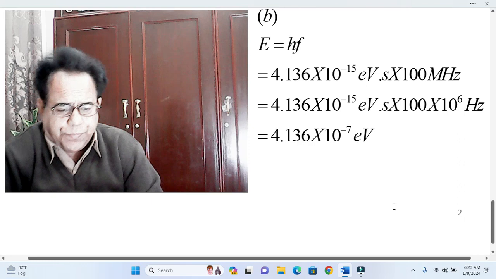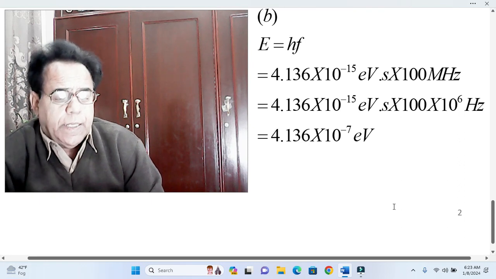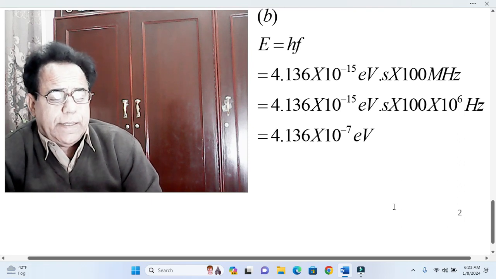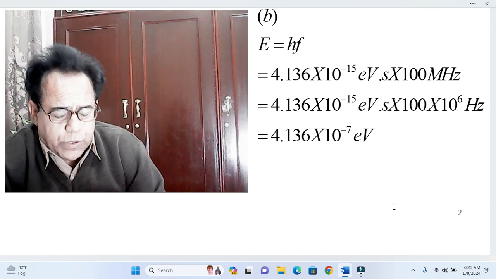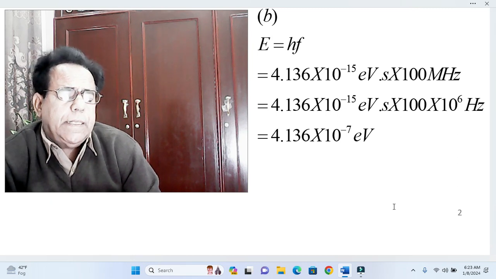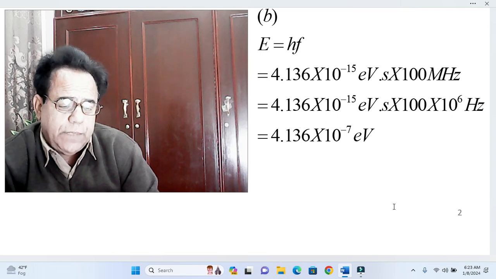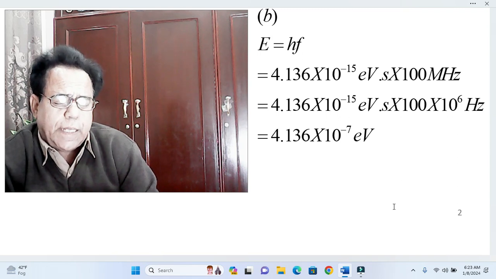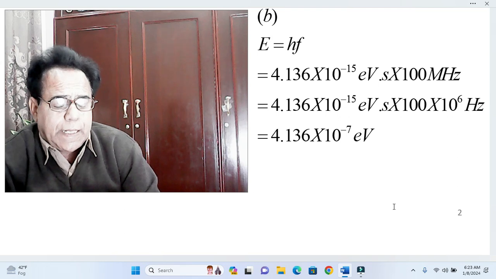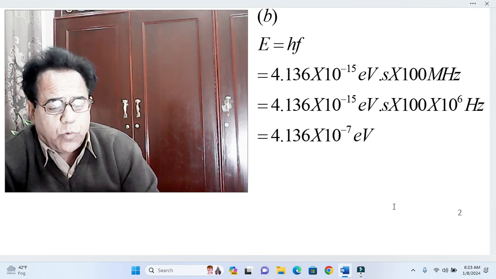Okay, dear students, in the table of physical constants which has been included in this problem as a snapshot, in which various physical constants have been given, the value of Planck's constant h is also given.